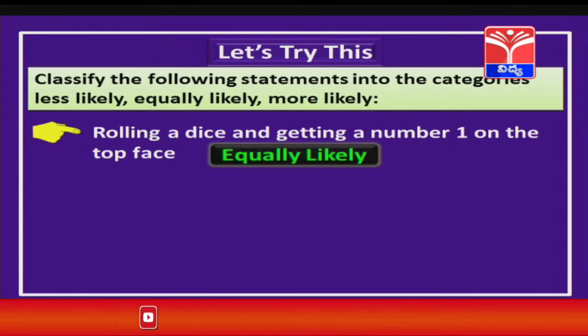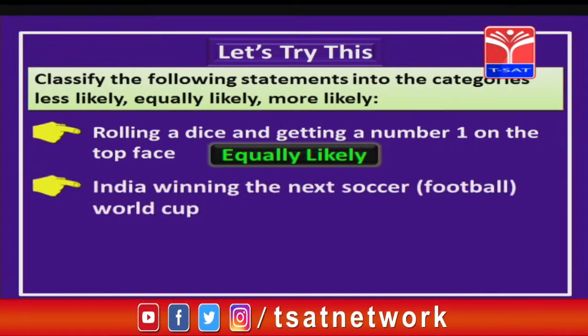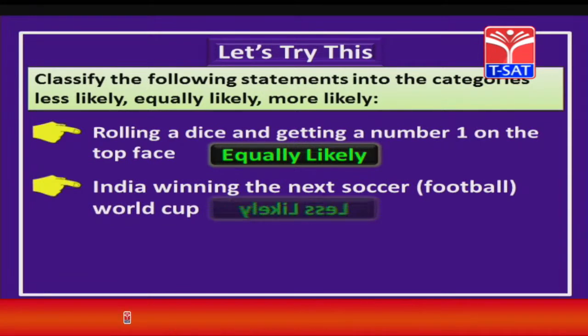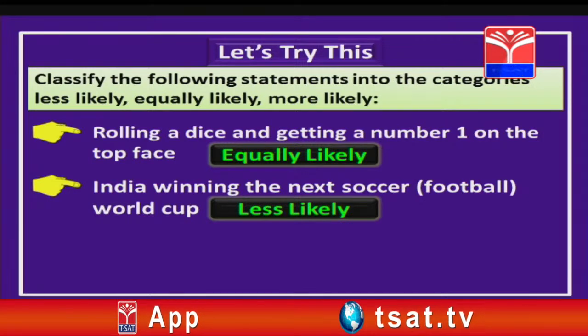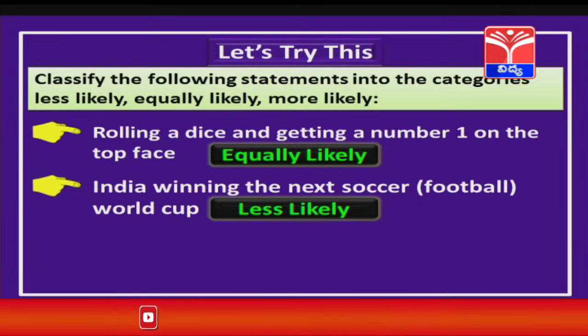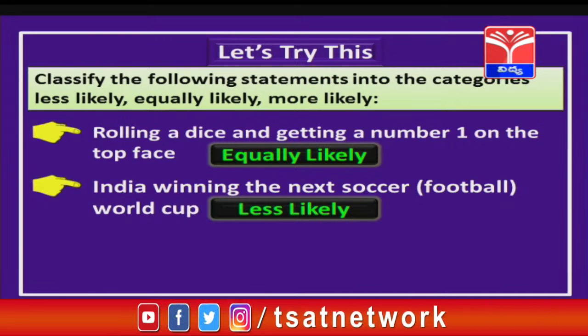Yes, it is equally likely, children. Now, let us move on to the next question, that is India winning the next soccer football World Cup. This is less likely, children, because if you see the past, India has never been into the soccer cup, right. So, chances are very less.